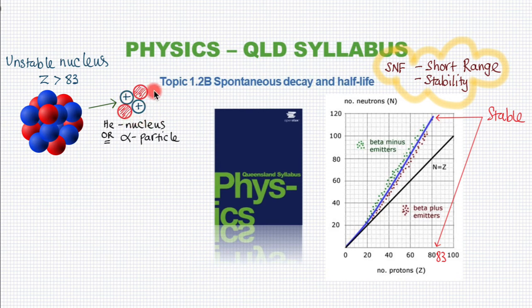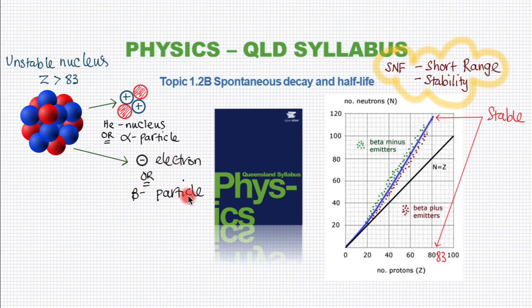So one way for a nucleus that's unstable to become more stable is to release a helium nucleus, or what we refer to as an alpha particle. Another way is that it loses smaller amounts of mass from the nucleus in the form of an electron or a beta minus particle.